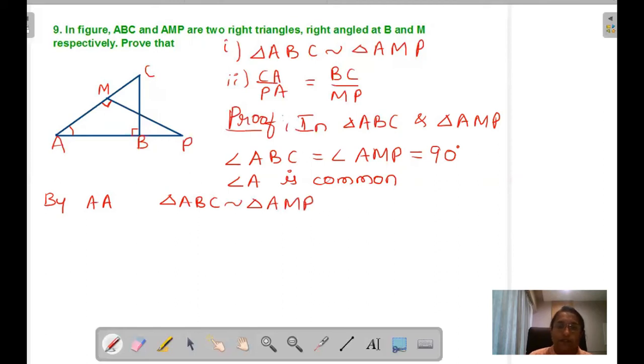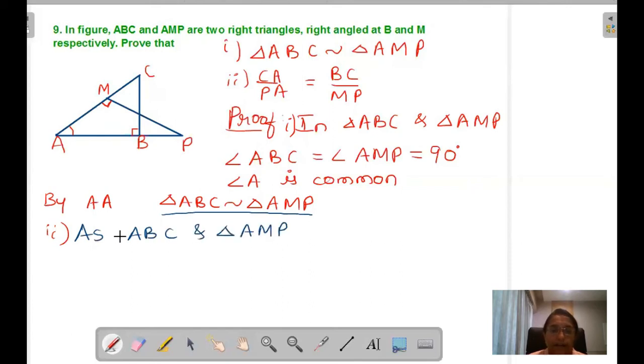This is the first one. So second one, how will you prove the second one? Second one is CA by PA is equal to BC by MP. Okay, these two are similar, means definitely the ratios of the sides are proportional, as triangle ABC and triangle AMP are similar.